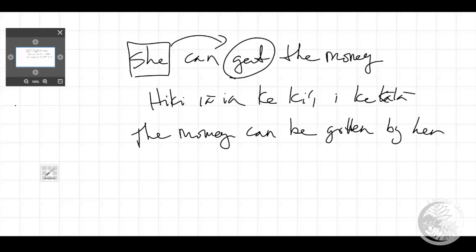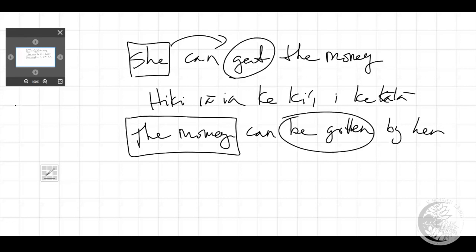So this time, when we look at the so-called patient, we notice it's the money. The money is not an agent. The money, in fact, is not performing an action. The money, in fact, is what is being gotten. This is a condition.